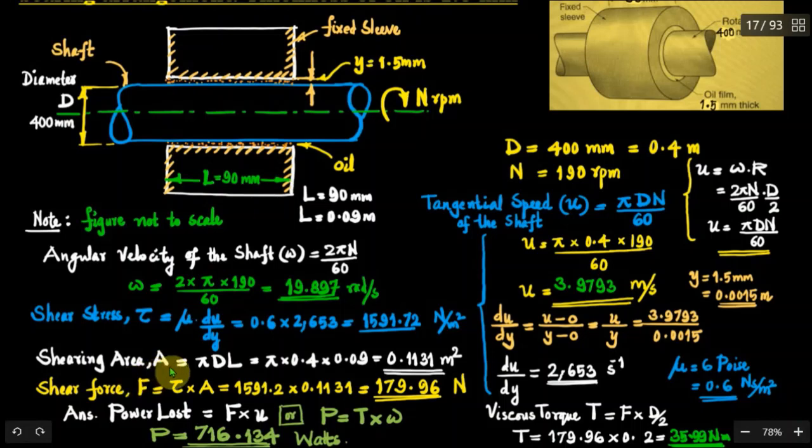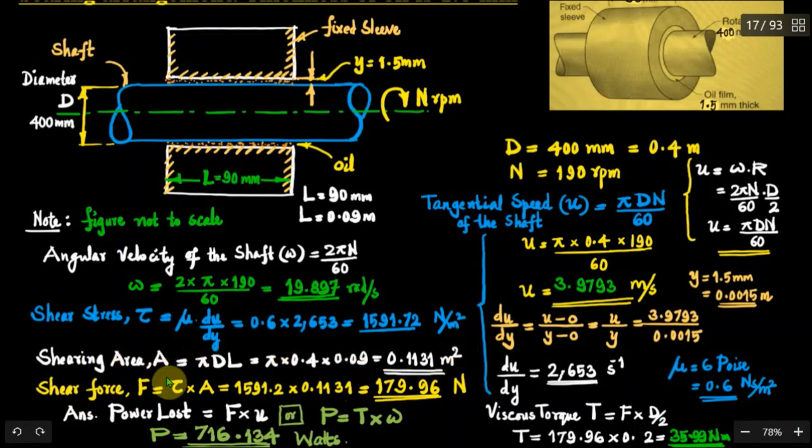That you can find out by using the equation pi d l, the curved surface area of the cylinder. So A is equal to pi d l, where the diameter is 0.4 meter and the sleeve length is 90 millimeter. When you convert that into meters, you get 0.09. Therefore, the shearing area will be pi into 0.4 into 0.09, that is equal to 0.1131 meter square.